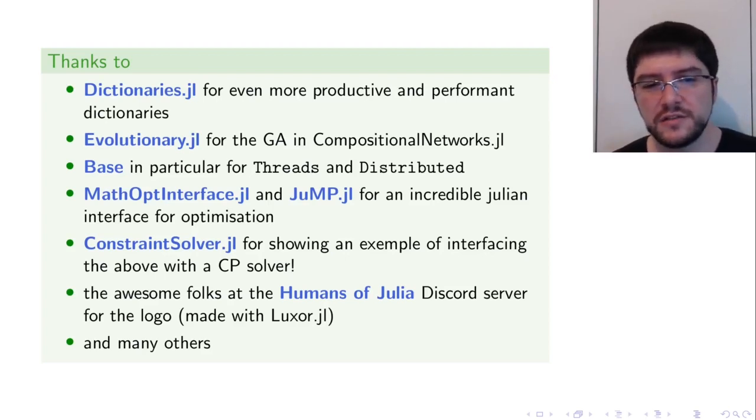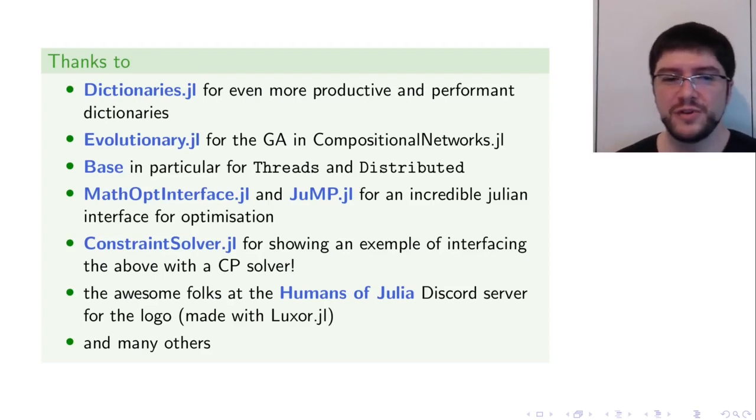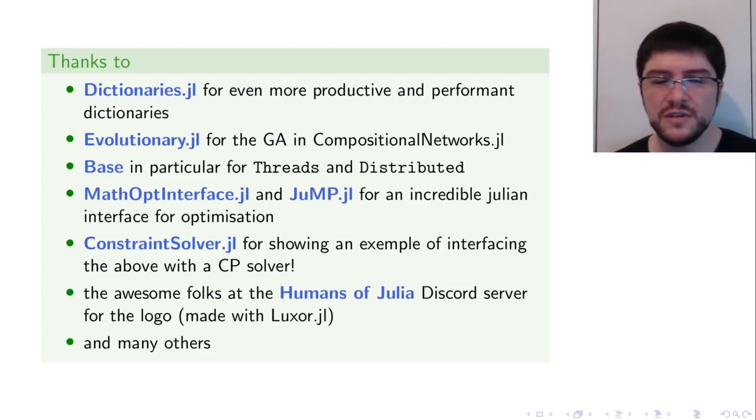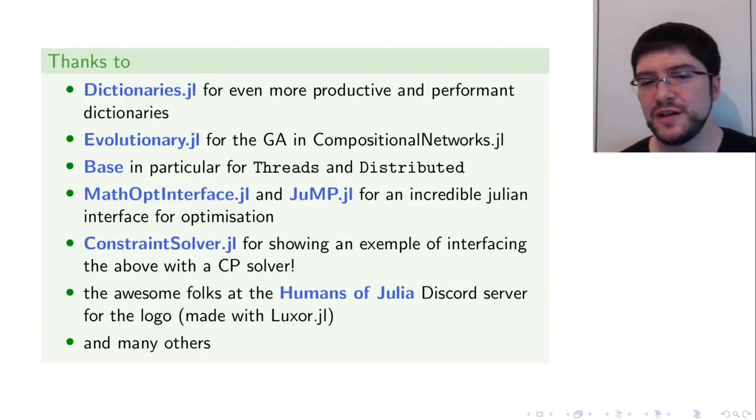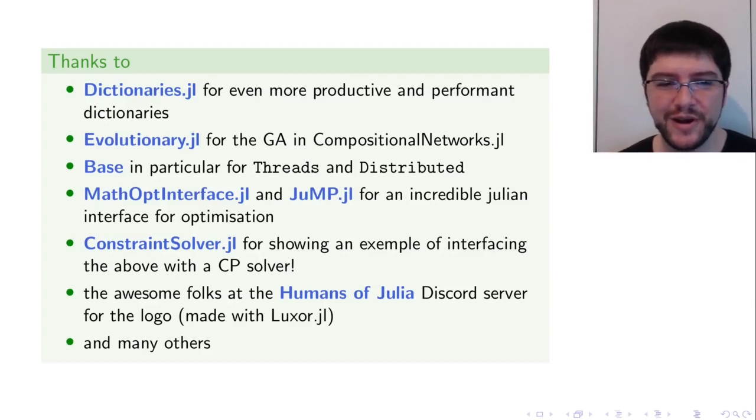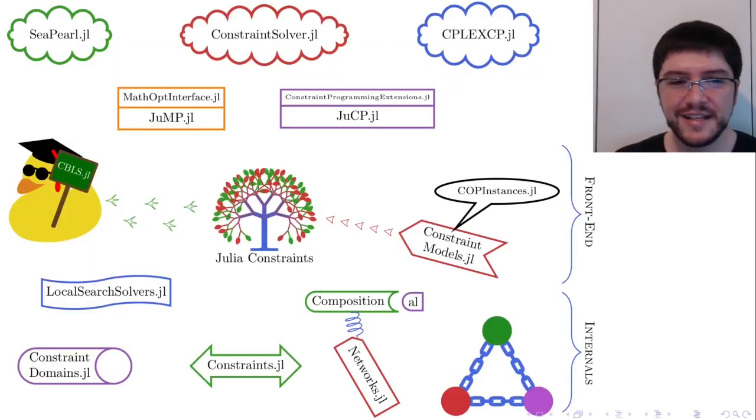MathOptInterface and JuMP for an incredible Julia interface for optimization; ConstraintSolver.jl for showing an example of interfacing the above MOI and JuMP with a CP solver. It was a big help. The awesome folks at the Humans of Julia Discord server for the logo made for LocalSearchSolvers.jl, and many others.